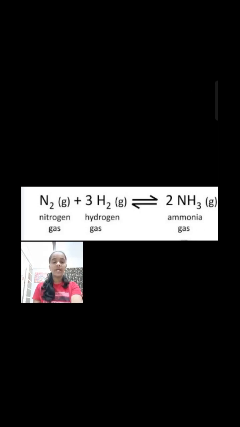Hydrogen combines with nitrogen gas at a temperature of about 450 degrees Celsius and high pressure of about 200 atmospheres, with iron as a catalyst and molybdenum as a promoter, to form ammonia gas. This reaction is reversible and exothermic. Nitrogen gas reacts with hydrogen gas to form ammonia gas: N2 + 3H2 gives 2NH3.